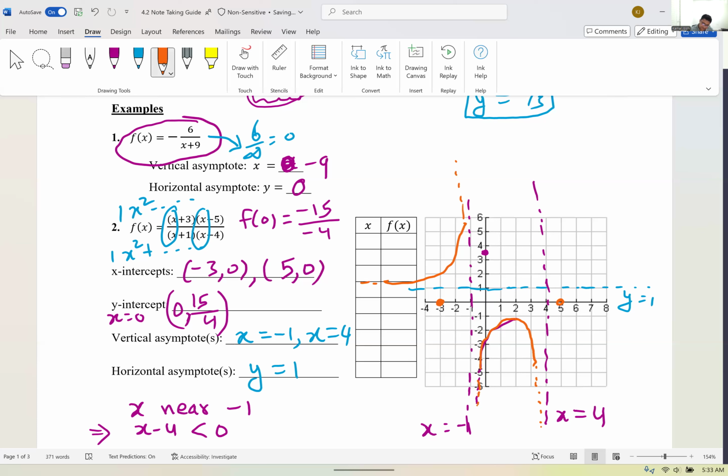Similarly, on the right side here, it's going to be like that. And let me show it more asymptotic to the line y equals 1, like that.